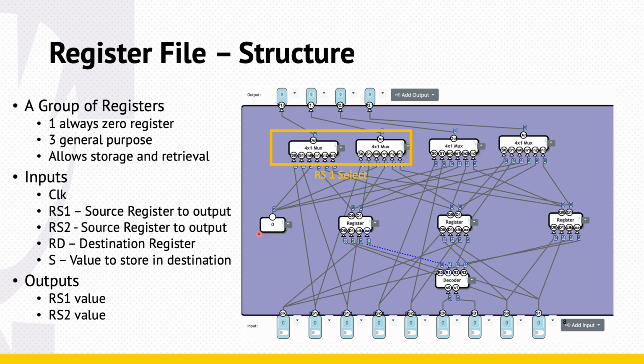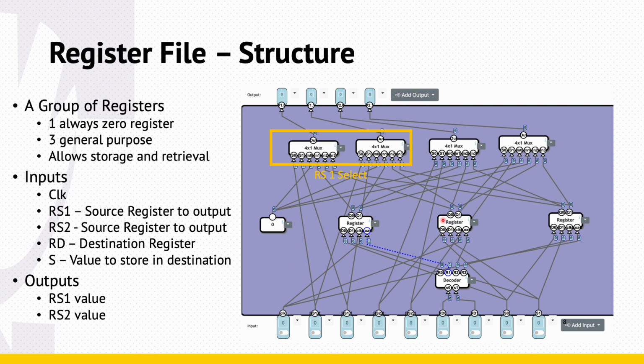Our first register is just the value 0. And so just as in RISC-V, if we write to register 0, so we set our destination address to 0, and we put some value in here that we want to store, it's not going to get stored. And if we read from register 0, then the value that we are going to put out is 0.